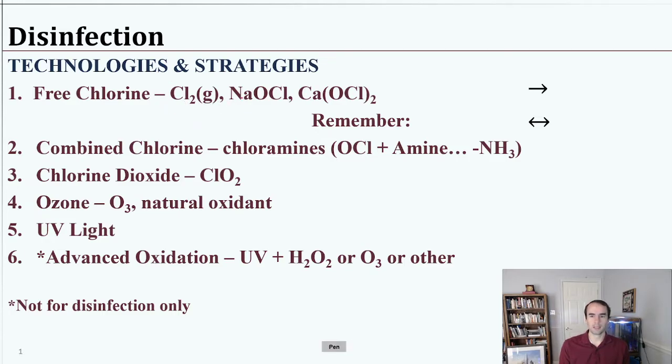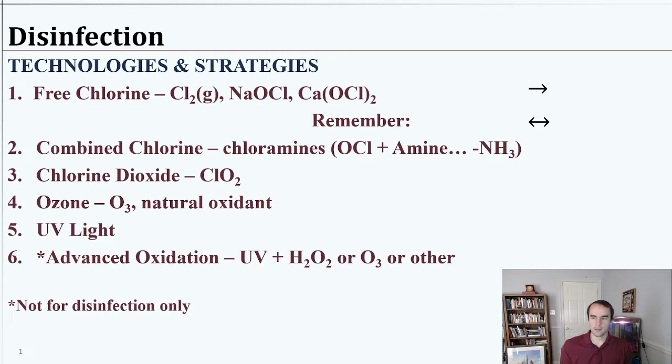We can apply it in terms of sodium hypochlorite, which is probably what you're going to find in a bleach bottle at home, or calcium hypochlorite, where you have 2 OCls for every calcium. One or the other of these is probably going to be what you find in a household bleach bottle, and it's probably also going to have a bit of base added to it.